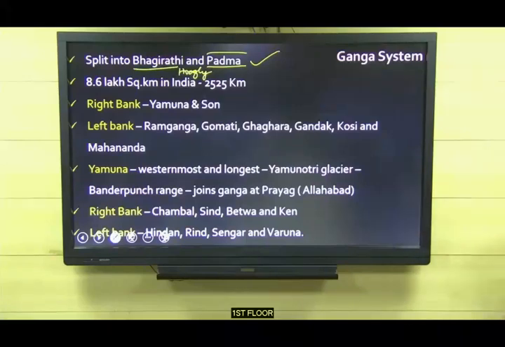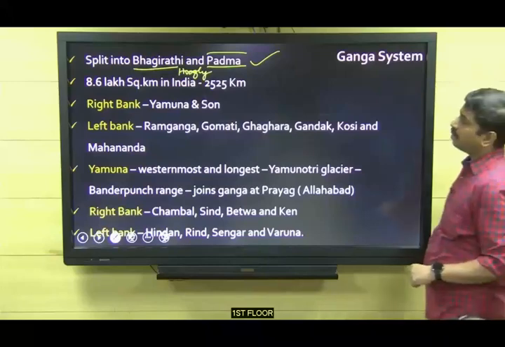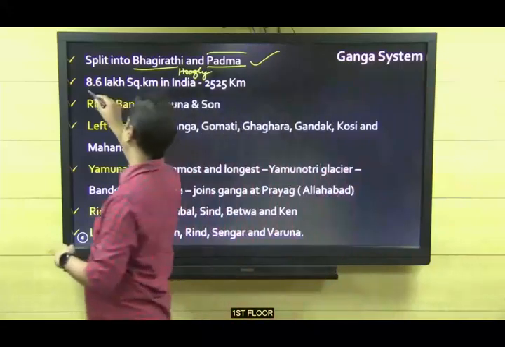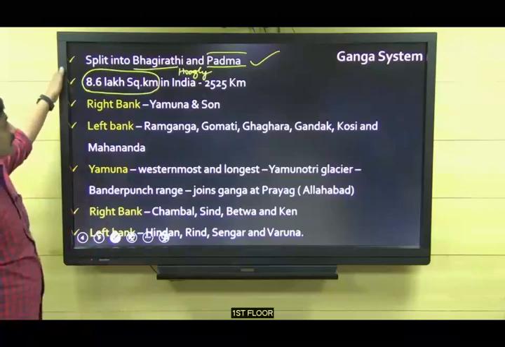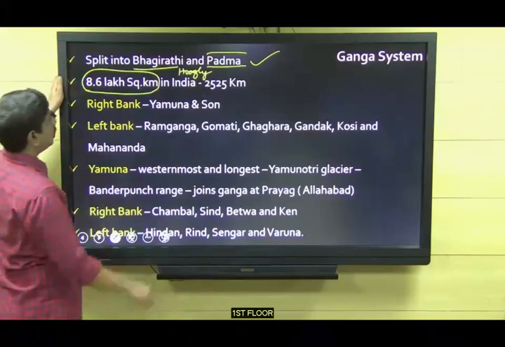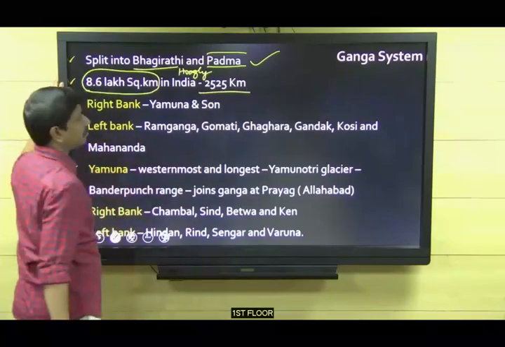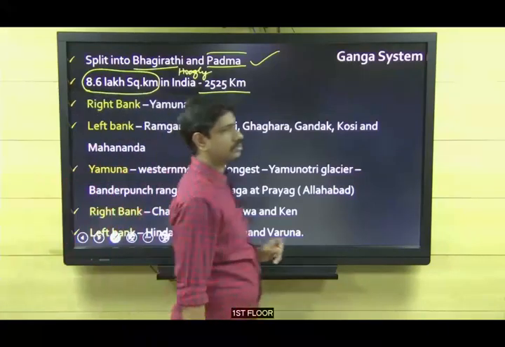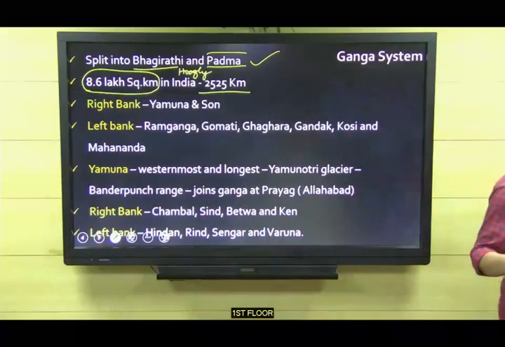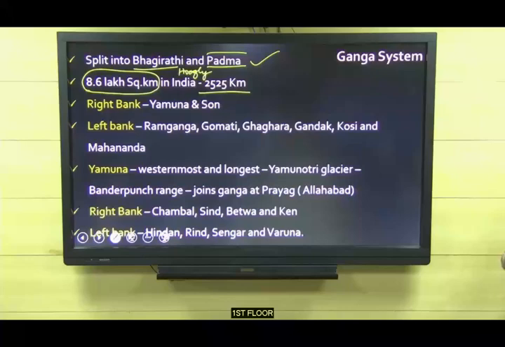So total 8.6 lakh square kilometers in India is a basin, drainage basin. The total area drained by the Ganga river, Ganga system of rivers. Okay. And the length of the river is 2525 kilometers, easy to remember, 2525. Okay.